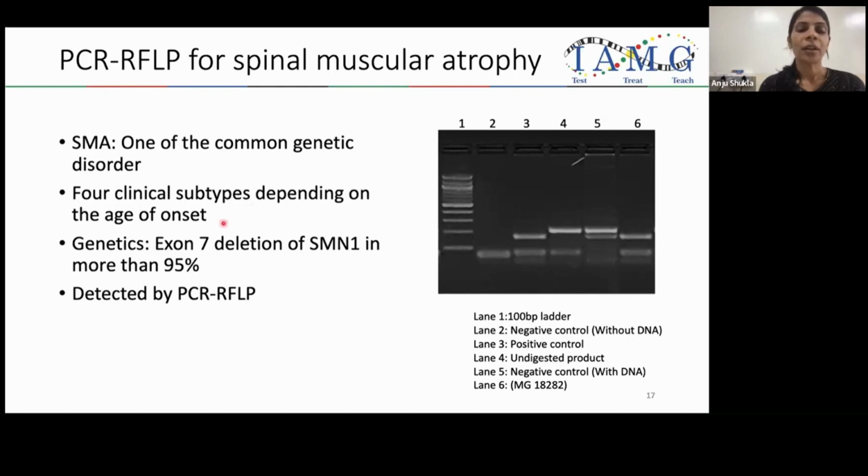Here, a very common mutation is the deletion of exon 7 of the SMN1 gene, which is present in as many as 95 to 98% of cases with SMA. And it can be readily picked up with the help of PCR RFLP, where we can detect the deletion of exon 7.